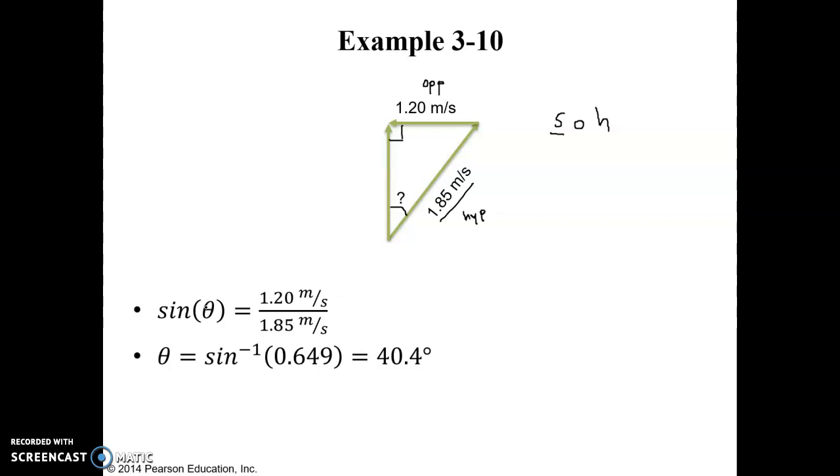And to get theta all by itself, we get rid of the sine and move it over to the other side by taking the inverse sine. So theta is inverse sine of 0.649, which equals 40.4. And that's it. That's the final answer. The boat captain needs to aim upstream at an angle of 40.4 degrees.